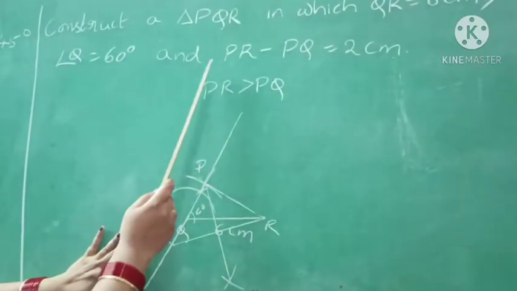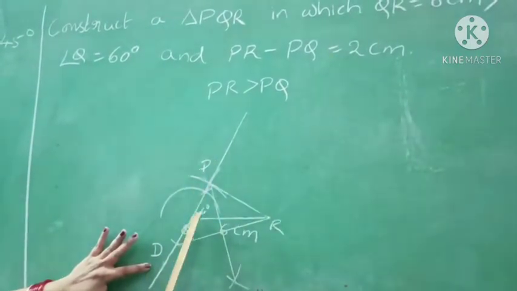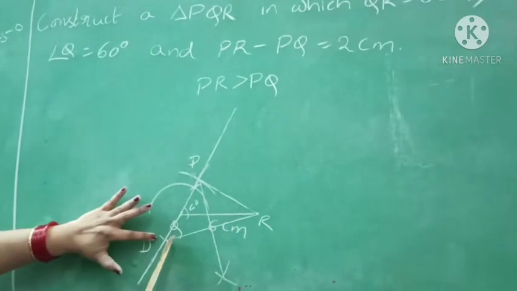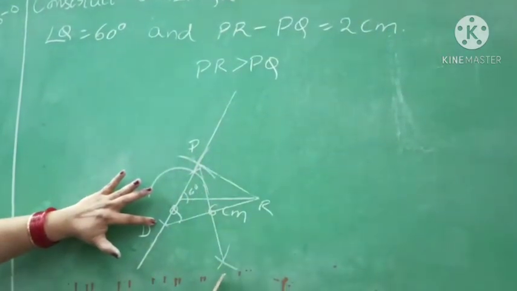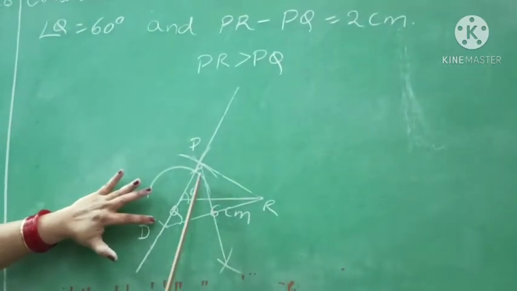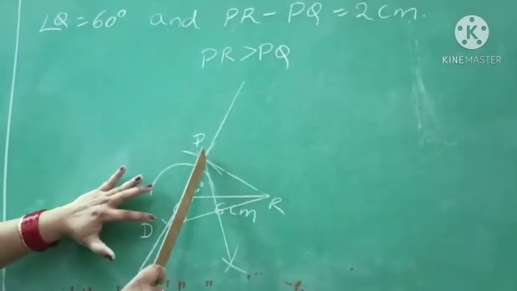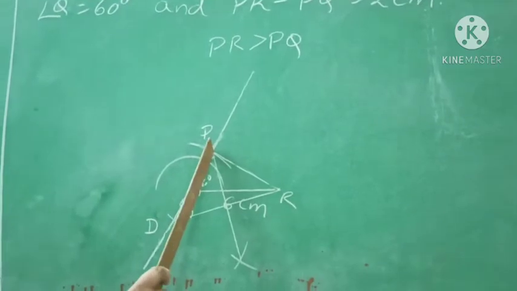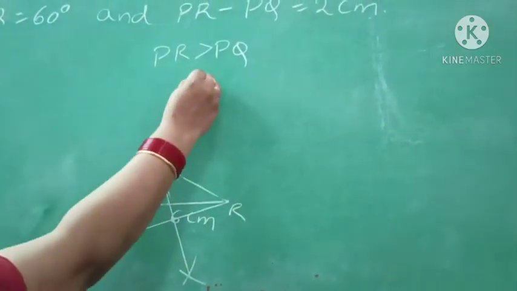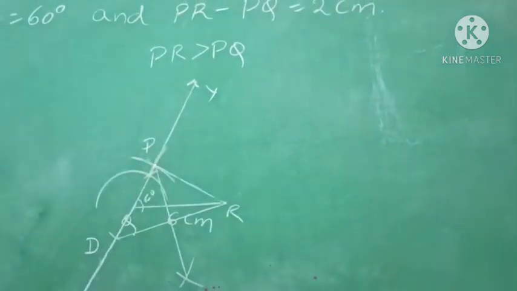We draw an arc from Q to D, which is equal to 2 centimeters. Now join RD. Construct the perpendicular bisector of DR. Where the perpendicular bisector of DR meets the extended line is P.